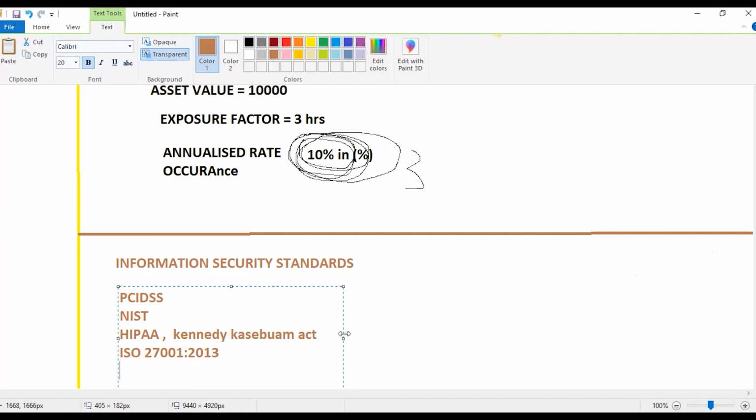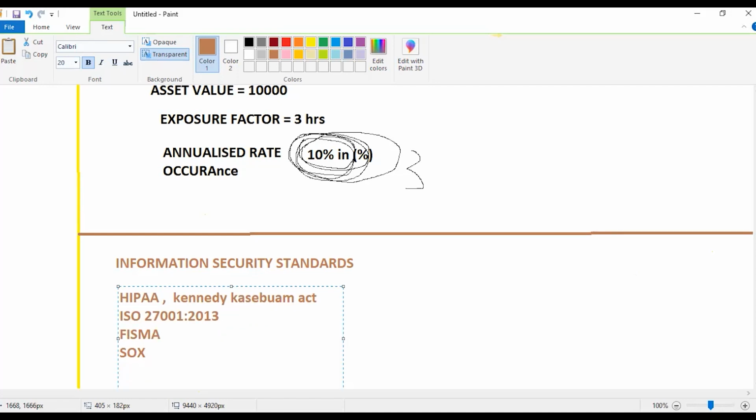Then FISMA, Federal Information Security Management Act. SOX, Sarbanes-Oxley Act.